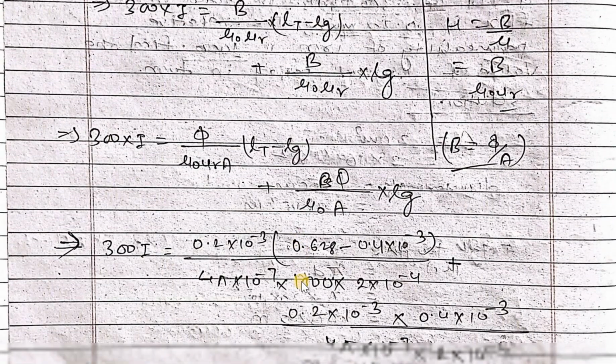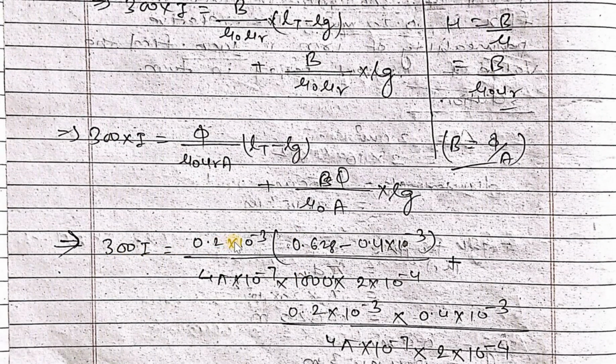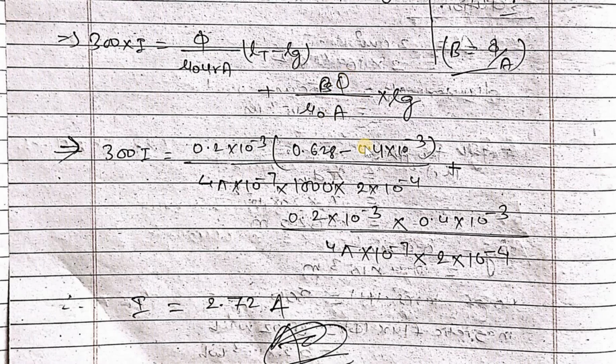Then replace the value of B in this equation. Then 300 into I equal to 0.2 into 10 to the power minus 3, this is phi, and this is total length minus length of air gap, divided by 4 pi into 10 to the power minus 7, the value of mu naught, and the value of mu r 1000. Area is 2 into 10 to the power minus 4.